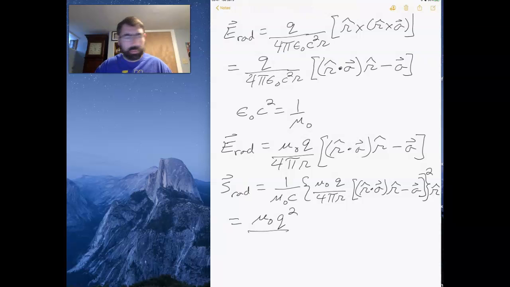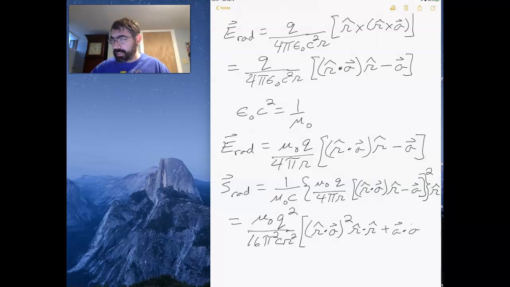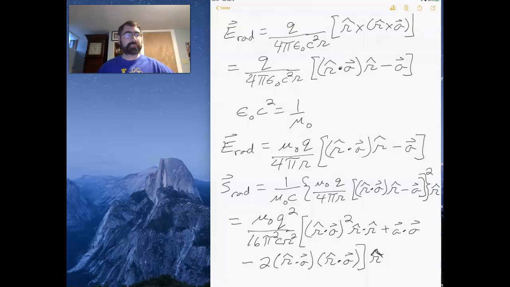Q squared over 16 pi squared c r squared, times r hat dot a, quantity squared, r hat dot r hat, which is just going to be 1, plus a dot a, which is going to be a squared, minus 2 r hat dot a times r hat dot a, all of that in the r direction.